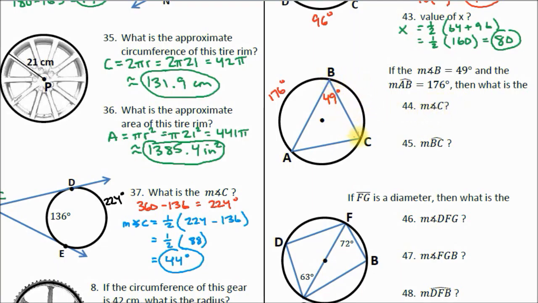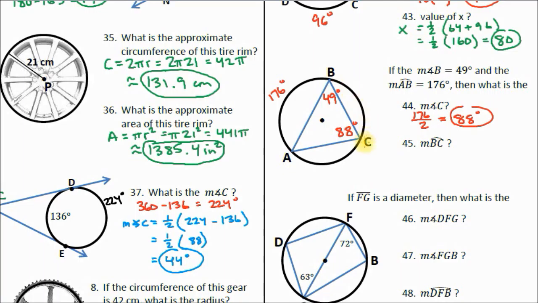Well, angle C is an inscribed angle. It cuts out arc AB, which is 176. That means to find the measure of the angle, we just divide 176 by 2, and we end up with 88 degrees. I'm going to go ahead and label that 88 degrees.